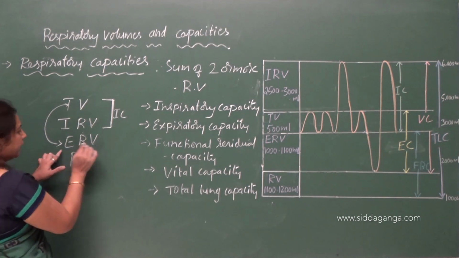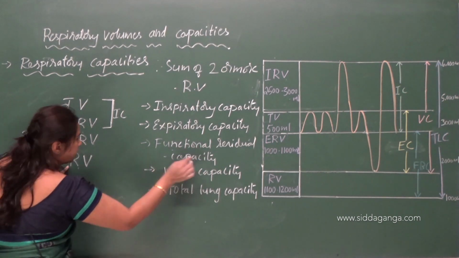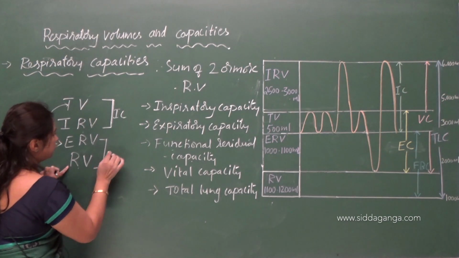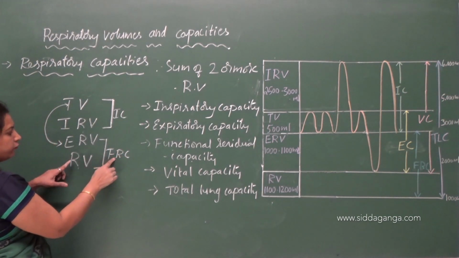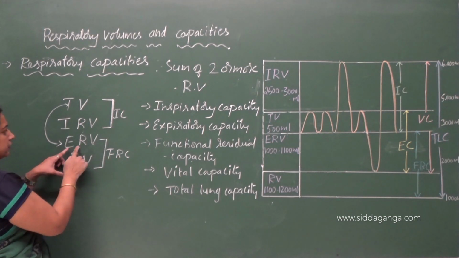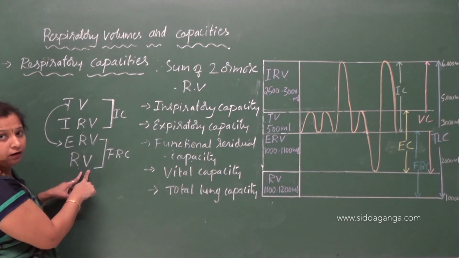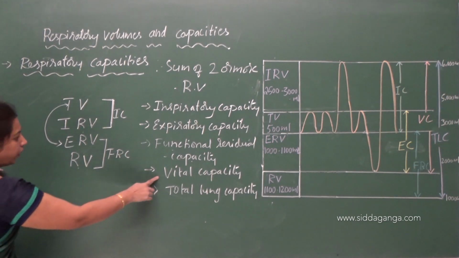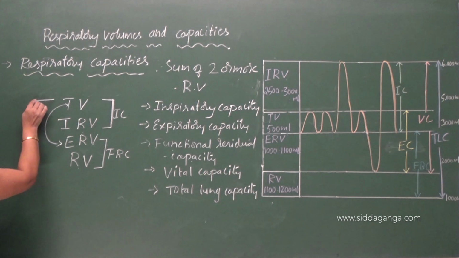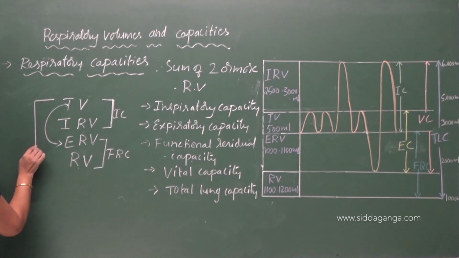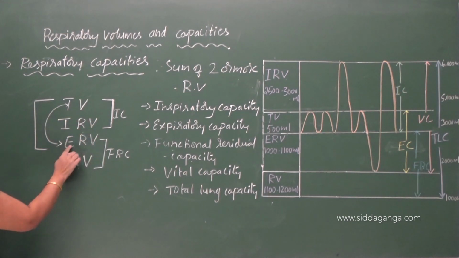Now if we add ERV plus RV, that gives functional residual capacity. So functional residual capacity is the sum of ERV and RV. Now vital capacity is the sum of TV, IRV plus ERV.